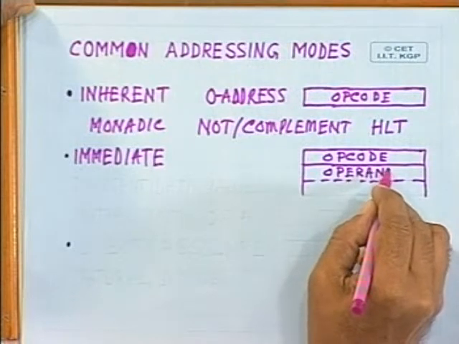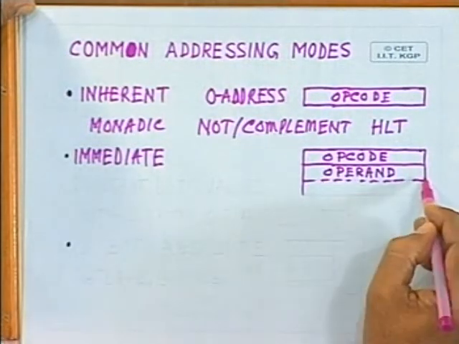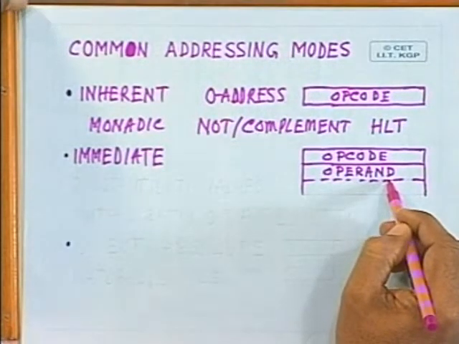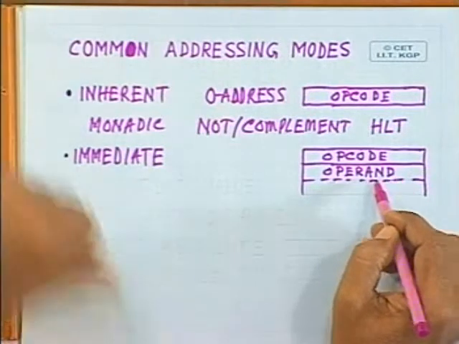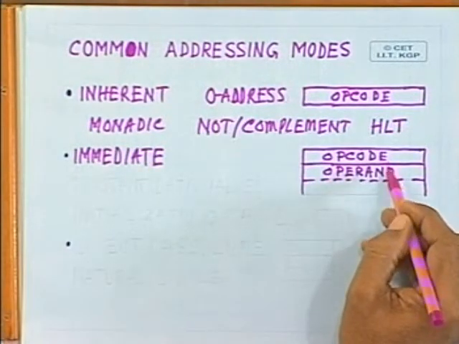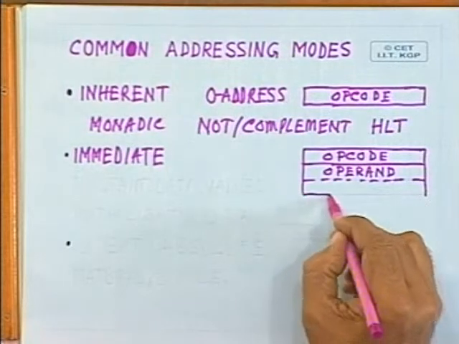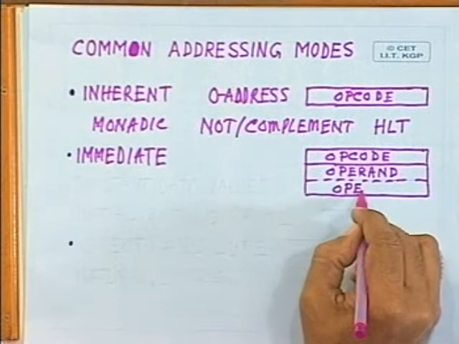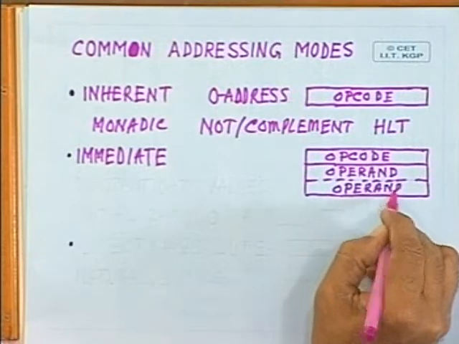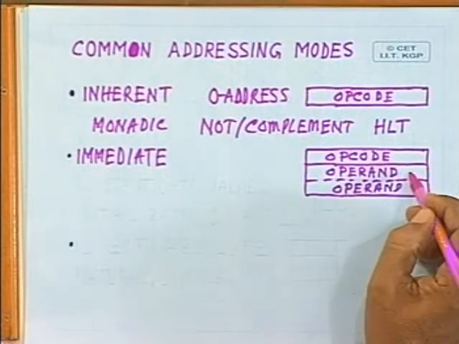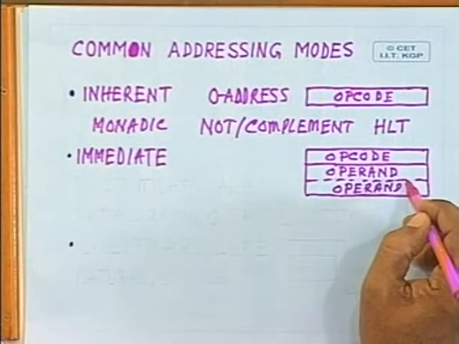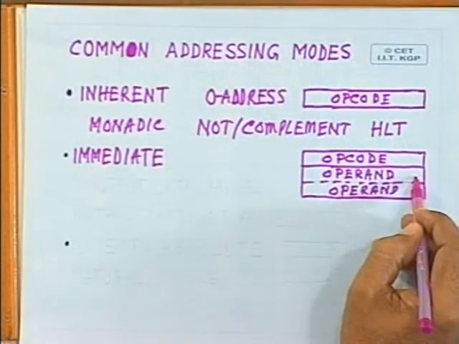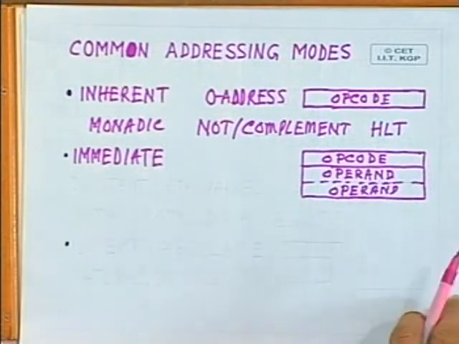You do not require any address to be used here to point to the operand. The operand itself is provided as part of the instruction. If the operand is of 1 byte, it immediately follows the opcode. Otherwise, you may require another byte to store the second part of the operand, that means lower order byte and higher order byte. If your data or operand is of 8 bits, then you require only 1 byte. If the operand is of 16 bits, you require 2 bytes.